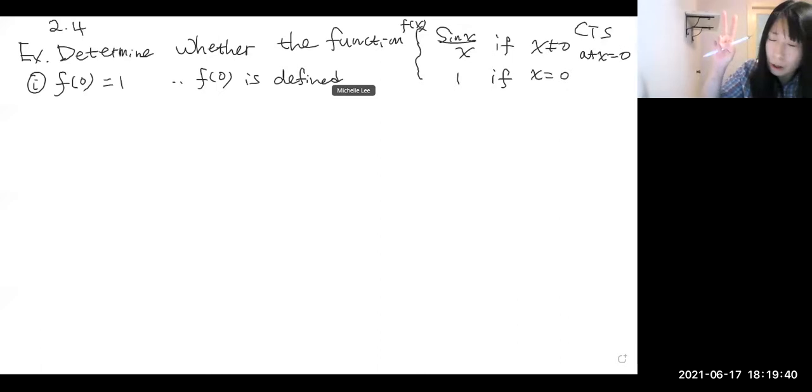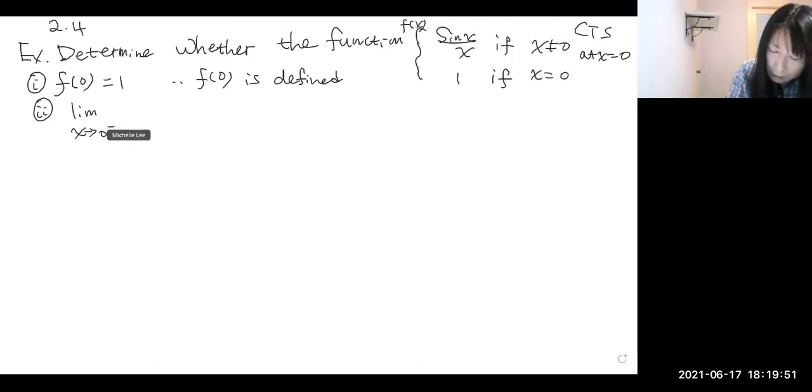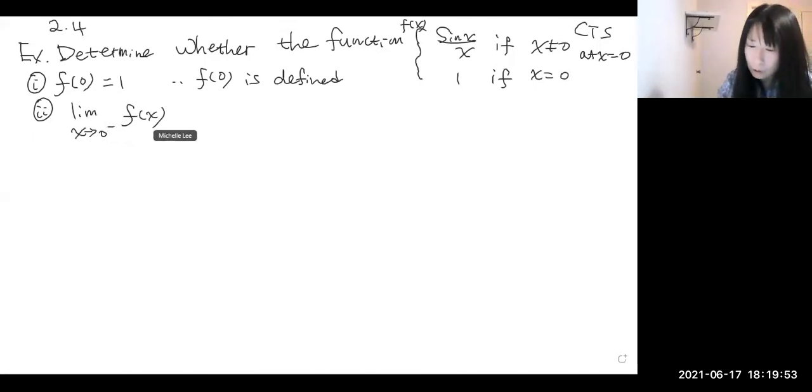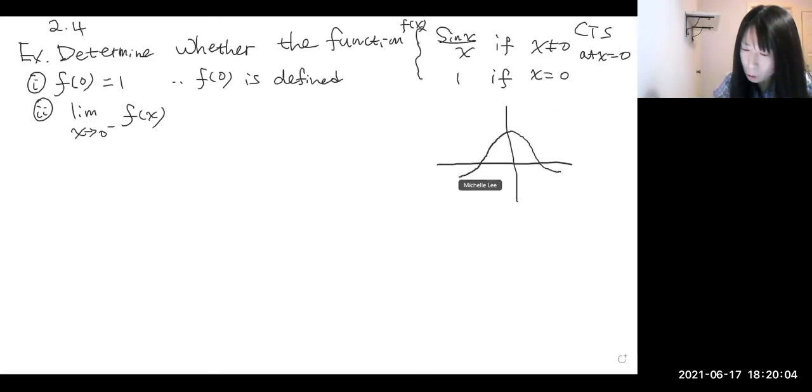Now we check the second condition, which is that the limit exists. So we check x approaching 0 from the left. Picture is better. We have a hole for sin x over x, right? This is the third time we did that, sin x over x when x approaches 0.